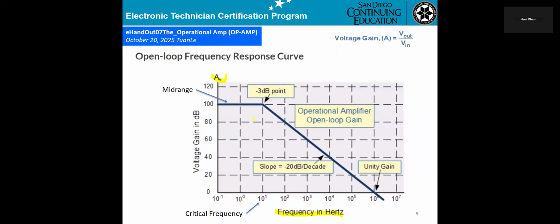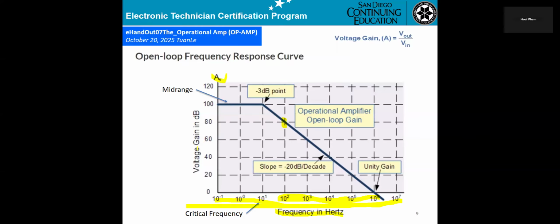That only tells you one thing: when you try to increase the frequency, then the gain will be going down. If you look at this point right here, the frequency goes to 10 power of 2, meaning 100 hertz, and the gain goes down to 80 dB.